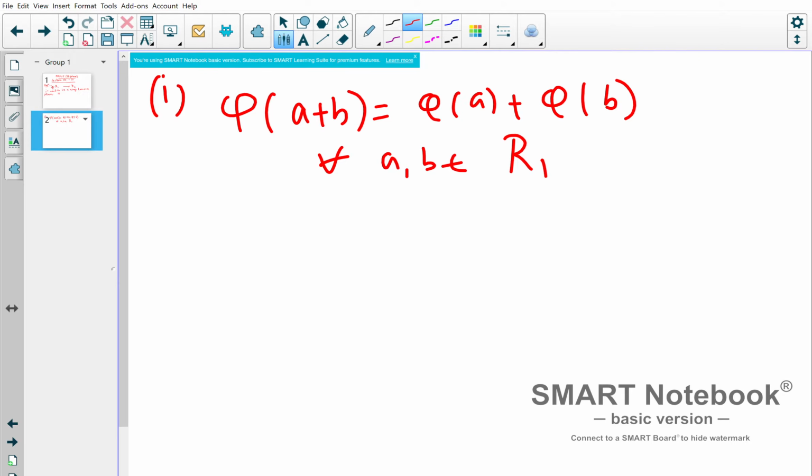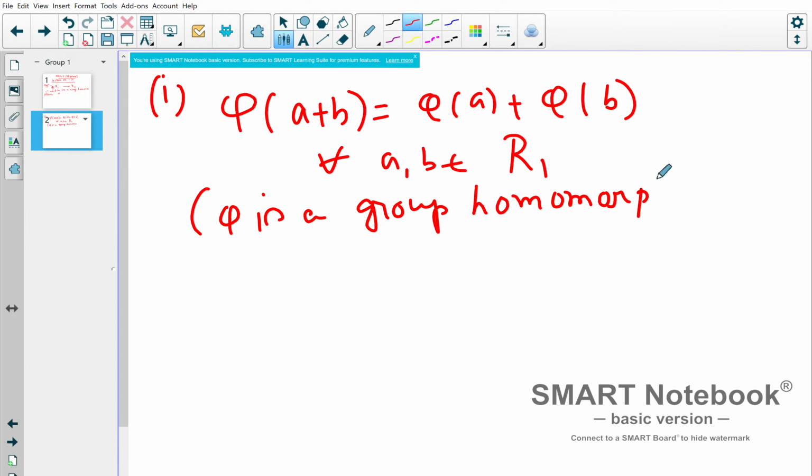That means this first property, that phi is a group homomorphism under addition, the first operation.